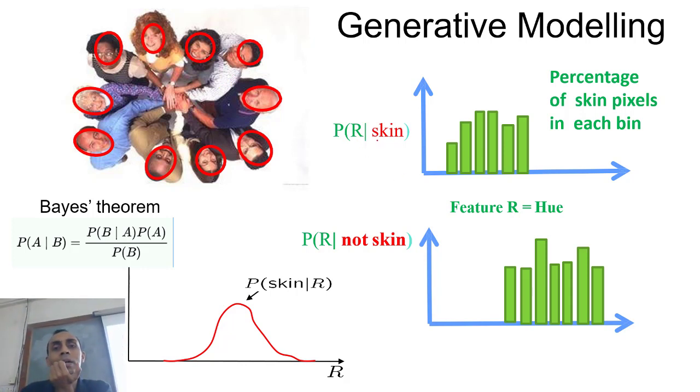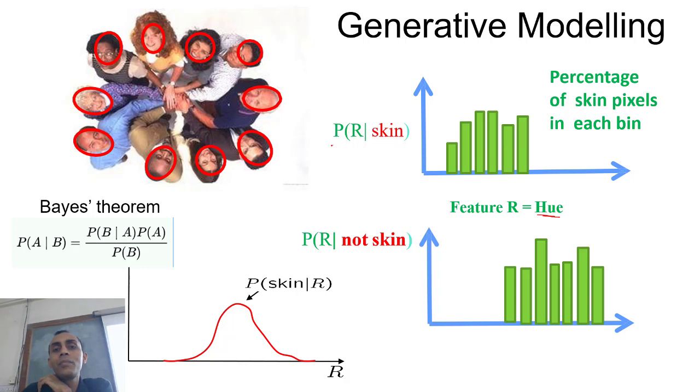The feature that you will be using is the hue value. So from these skin pixels, you can distribute them in different bins of the hue. So you can use the hue as your histogram feature and create a histogram of hue and generate this distribution.